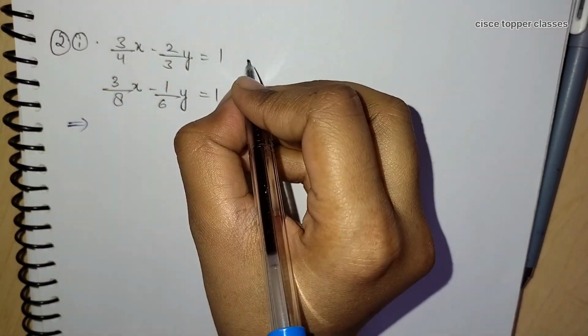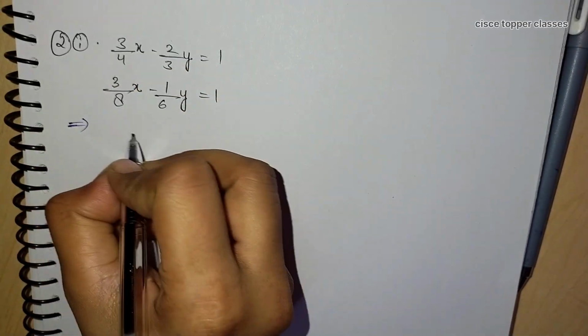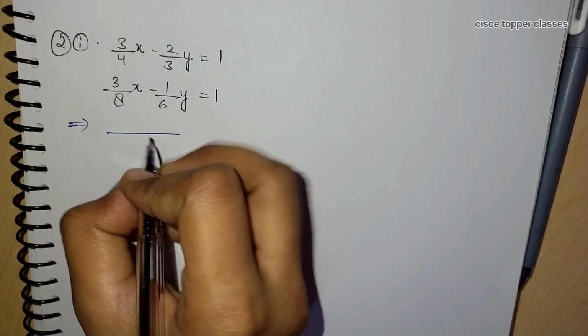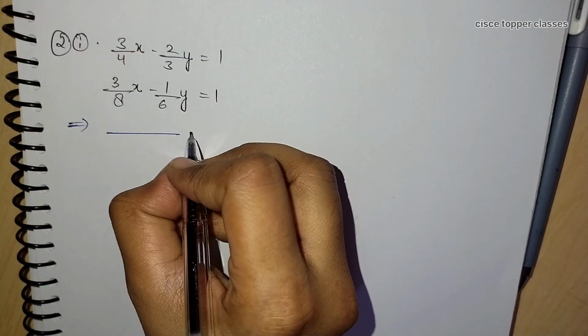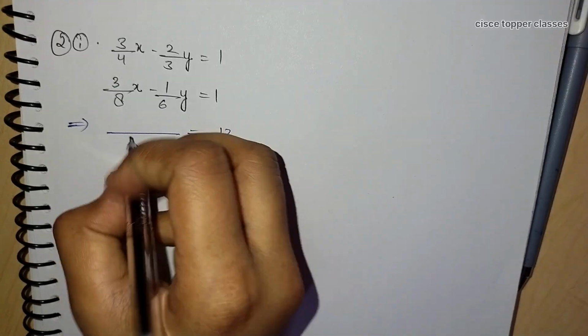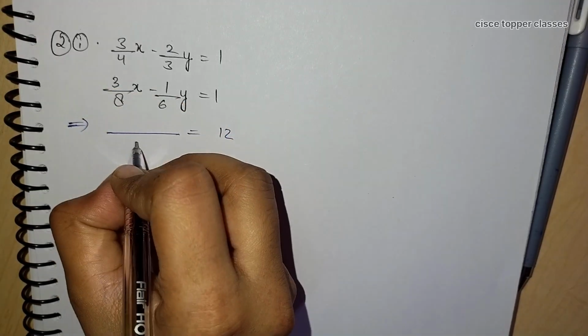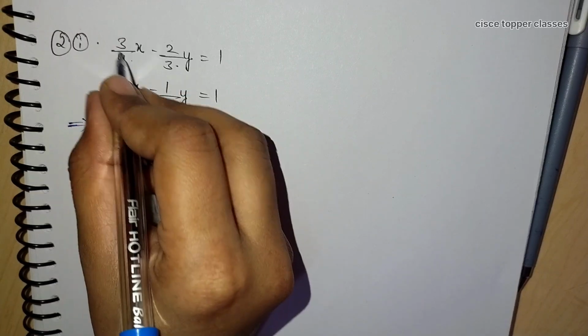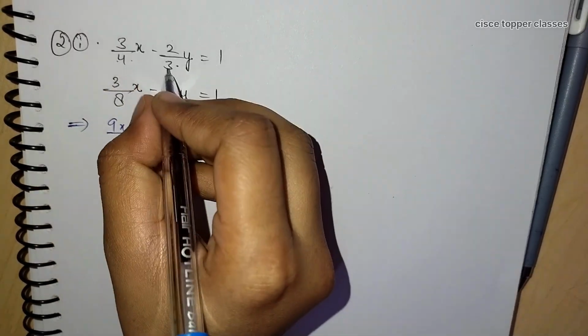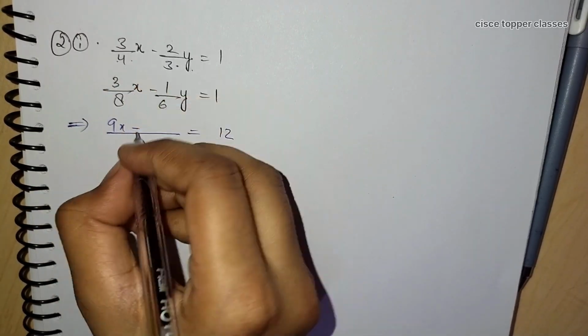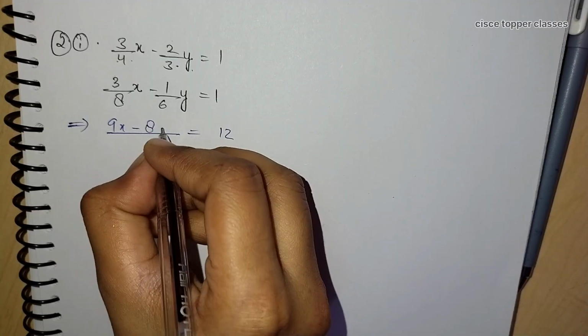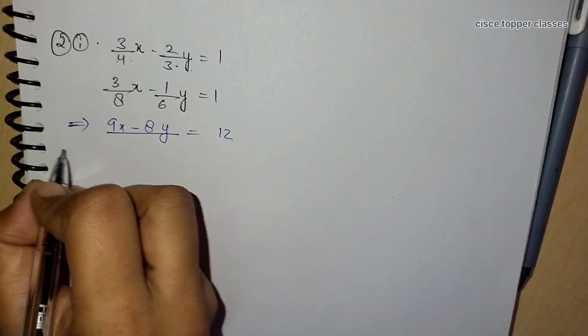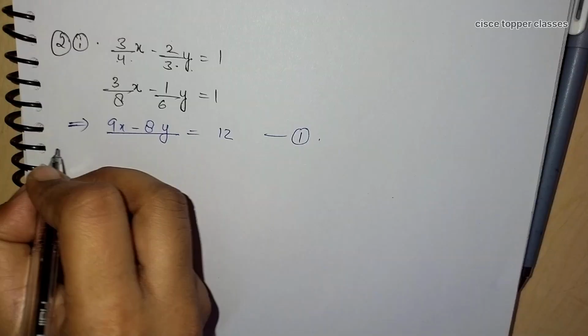On solving the first part, on multiplying with 12, we will get 9x minus 3 into 4, which is 12, and 2 into 4 is 8y. So this is the first equation.